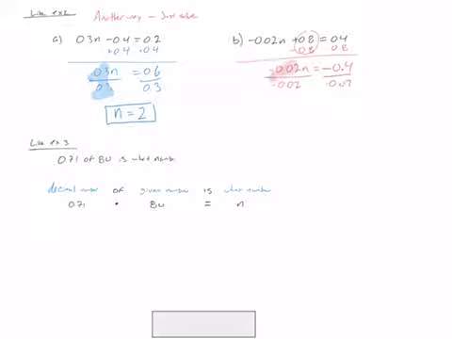This part right here becomes 1, leaving my left hand side just with n, which is what we want. Negative divided by negative makes that positive, so my answer is going to be positive. I'm wondering how many 0.02s are in 0.4, and that comes out to be 20. So the answer to that one is 20.